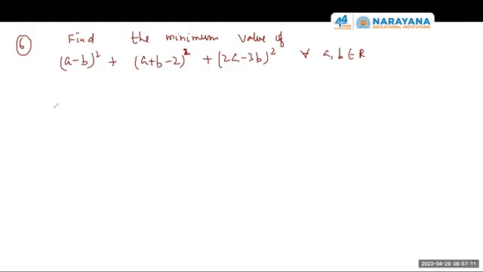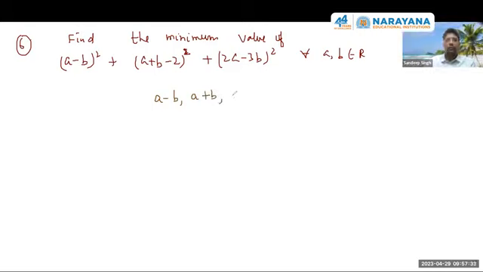I took a coordinate such as a minus b comma a plus b comma 2a minus 3b and one more point 0 comma 2 comma 0. Okay. The first one denotes a plane. So the shortest distance between the point 0 comma 2 comma 0 and the plane. This you have taken a minus b, a plus b, and 2a minus 3b, is that what you are telling?